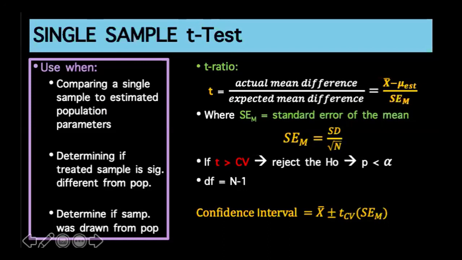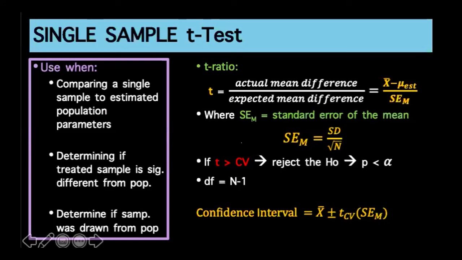From here, this gives us t, and then we can use our degrees of freedom at a given level of confidence. Remember, we usually have that information prior to going into our test. Then we can locate the critical value on the table at that given degrees of freedom and level of confidence, and we compare the calculated t from this equation.